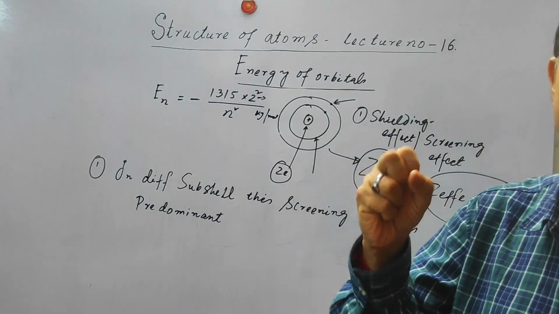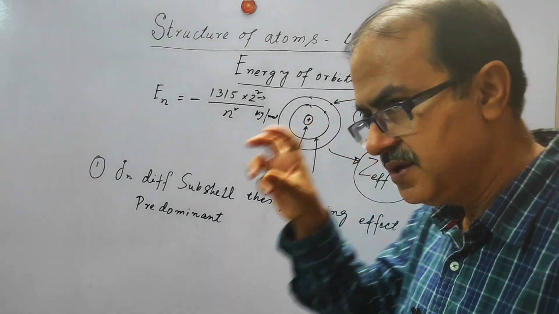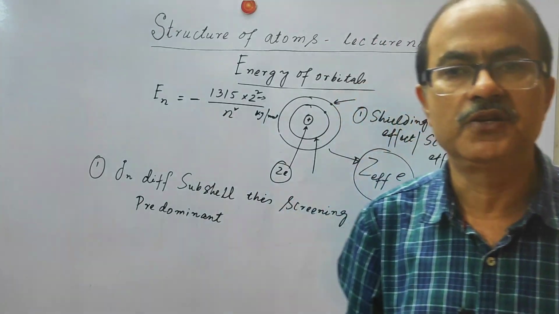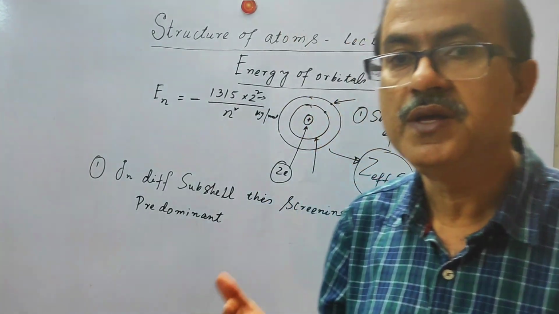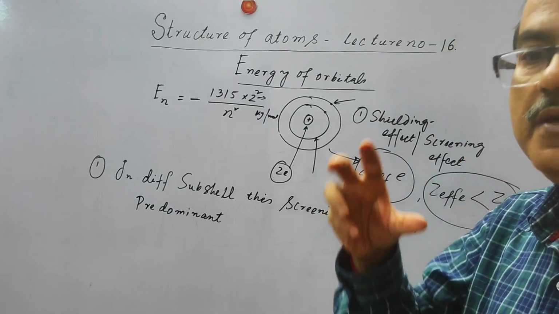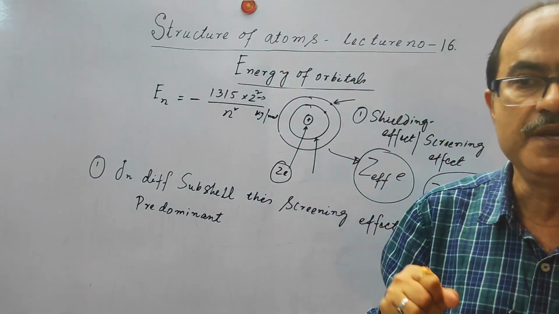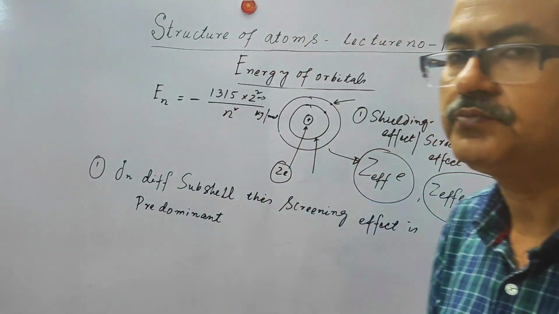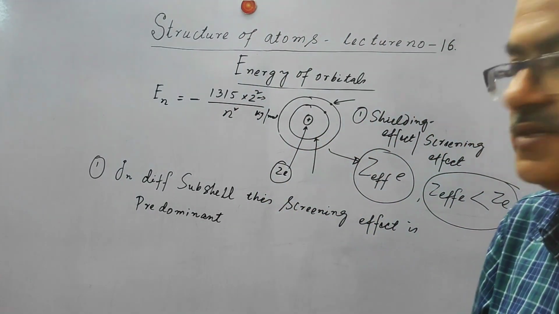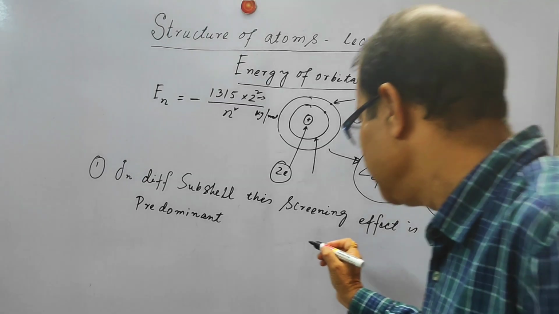Due to these different shapes, they screen the positive charge of the nucleus to different extents, and that creates different effective charges experienced by the electrons of the subshells.